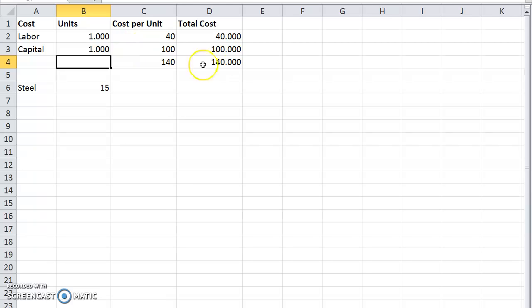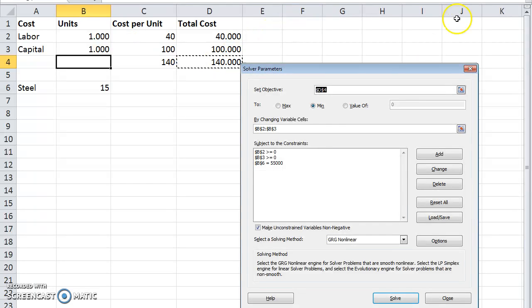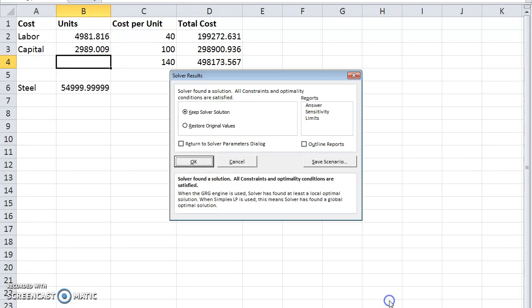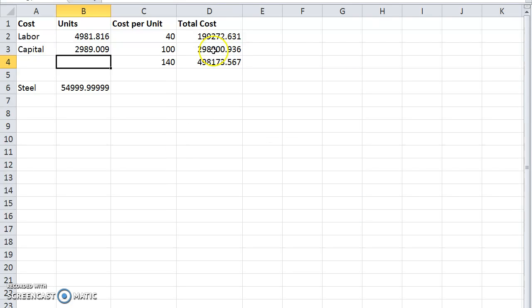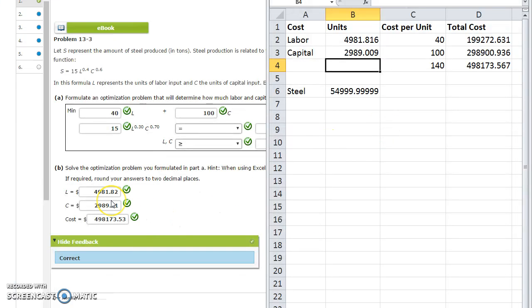So the objective is to minimize, with the constraint B6 equal to 55,000, using GRG Nonlinear. Hit solve. Okay, so these two check out. For some reason this one is off by 3 cents now, but the first time I did it I got 0.53, so I'm not exactly sure what happened there.